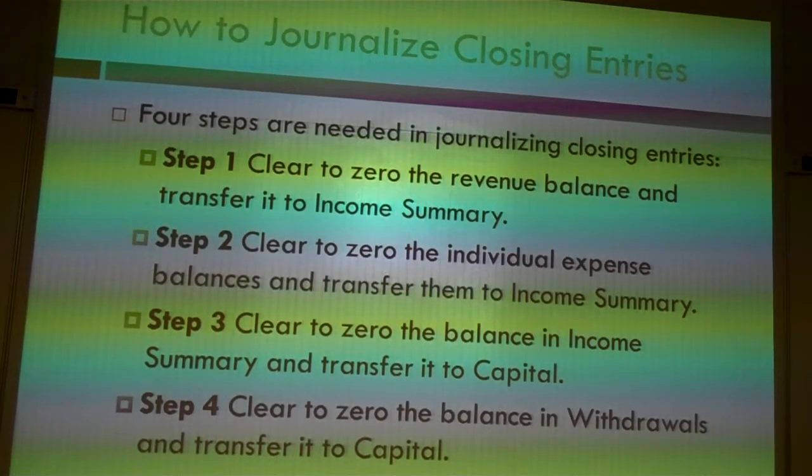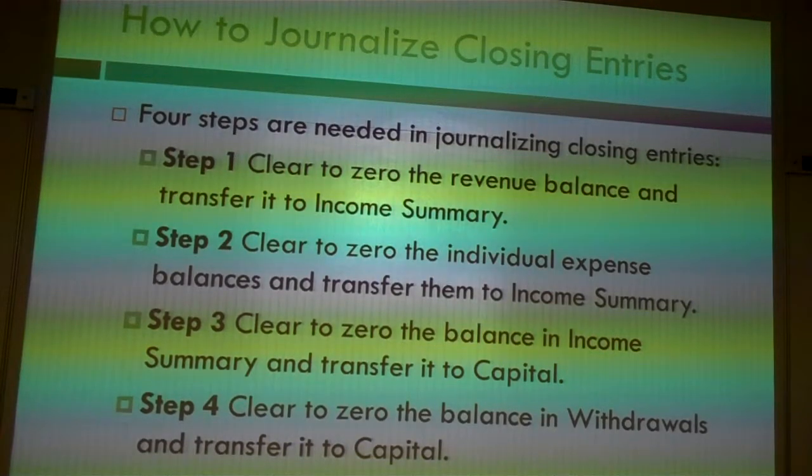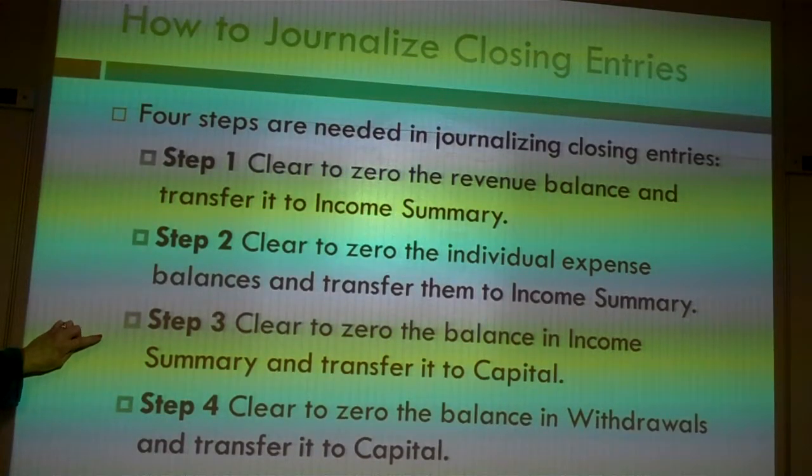The income summary, a brand new account in Chapter 5, does not have a normal balance. We're going to put all the revenue in there, all the expenses, and what's left is going to be net income or net loss. With step 3, when we close income summary, we're going to close income summary into the capital account.